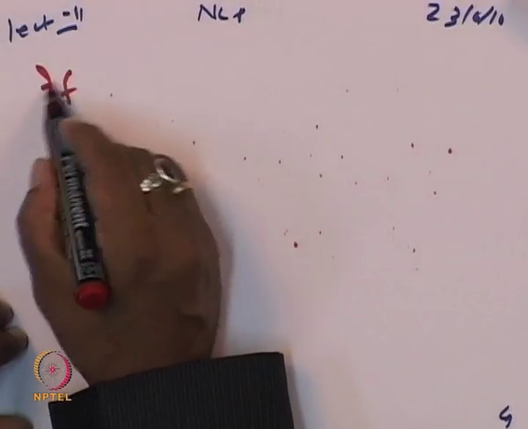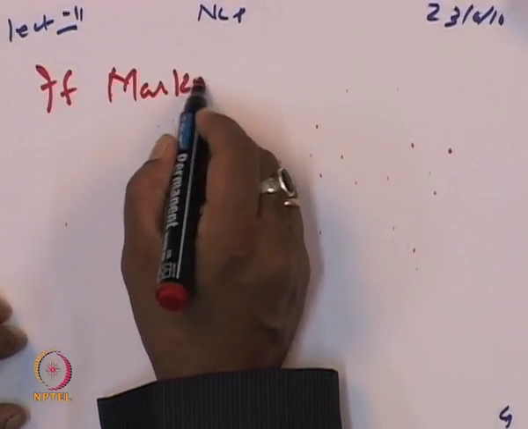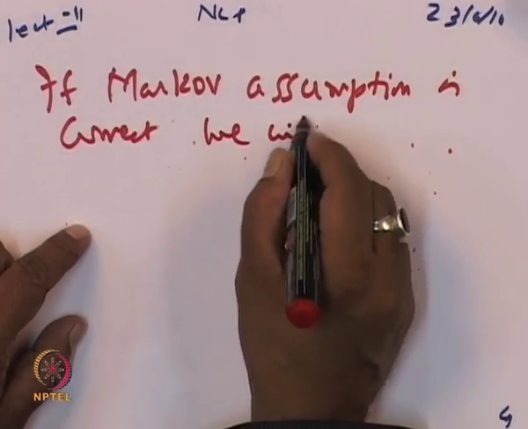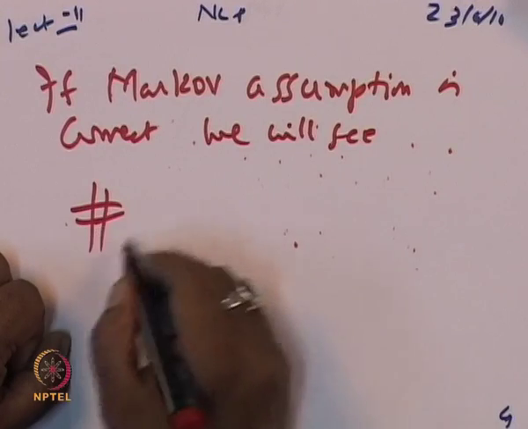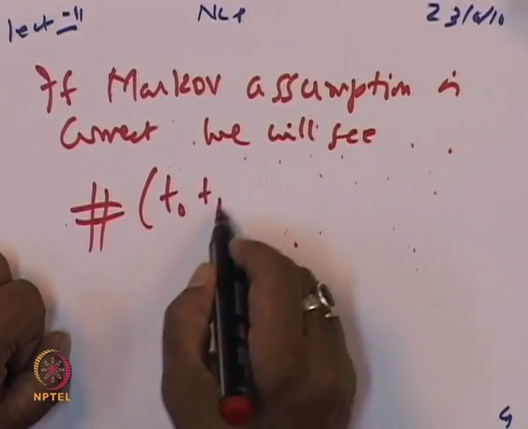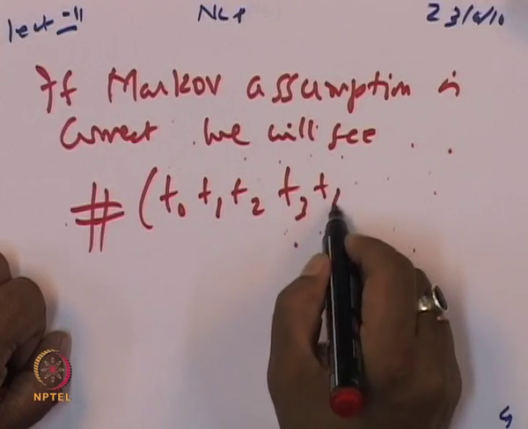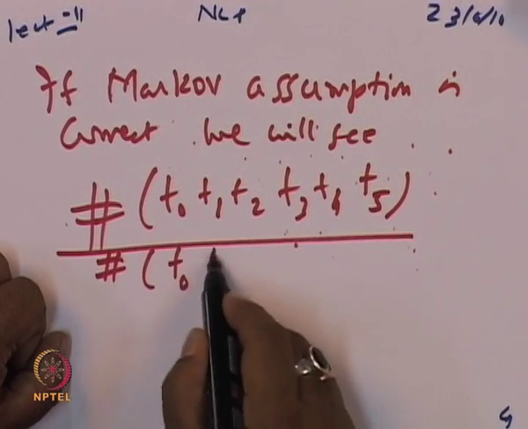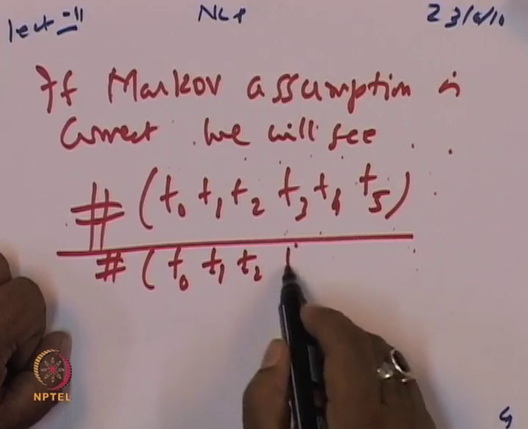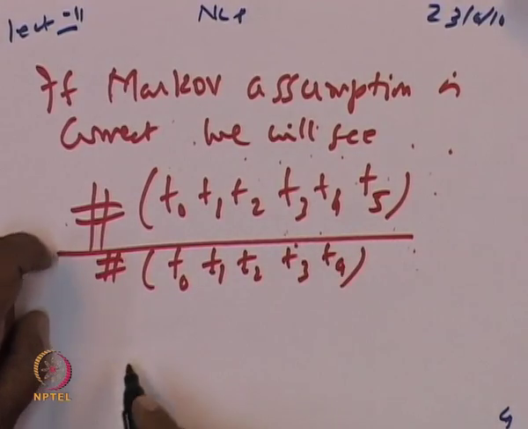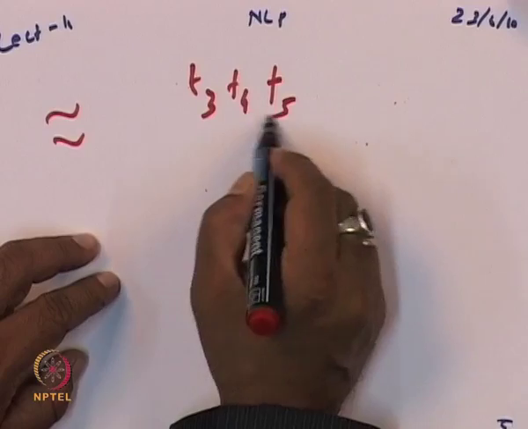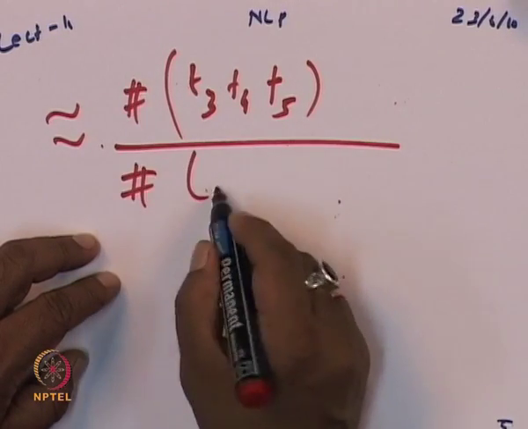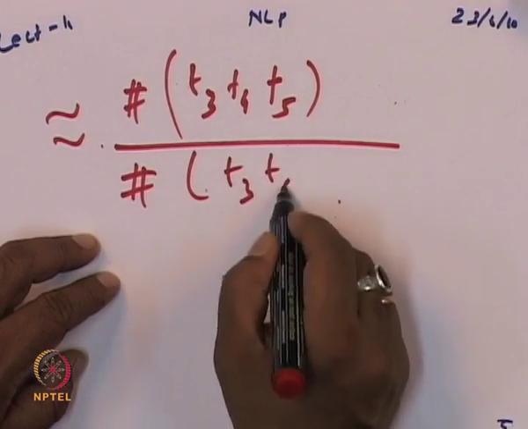If our assumption is correct, if the Markov assumption is correct, we will see count of t_0 to t_5 divided by count of t_0 to t_4 will be approximately equal to, we take it on the next page, count of t_3, t_4, t_5 divided by count of t_3, t_4.